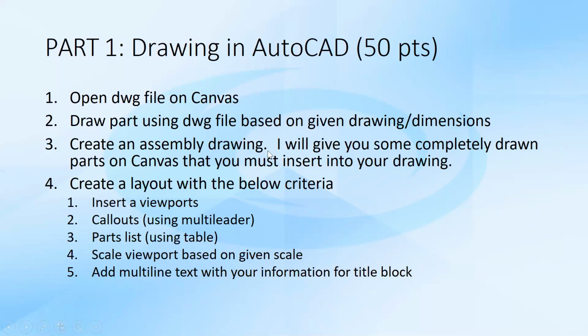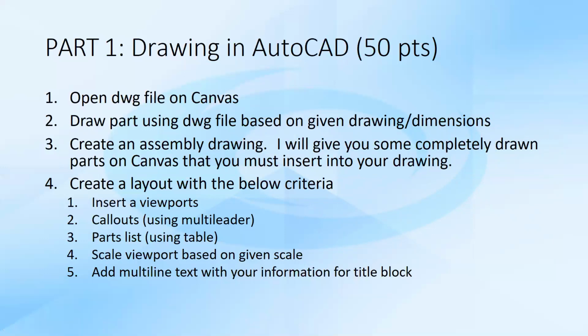So essentially in the model space of your DWG, you will have a bunch of different parts drawn for you. And there'll be one space that you'll draw the part that I tell you in the instructions. And then another part in the model space will be an assembly portion. You'll just assemble all of those different parts into an assembly using copy and paste or using blocks, whatever you want, you can use there.